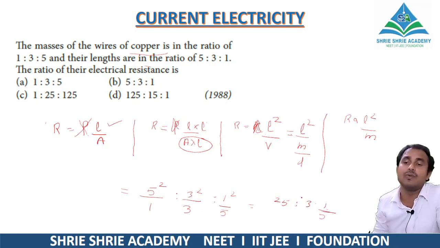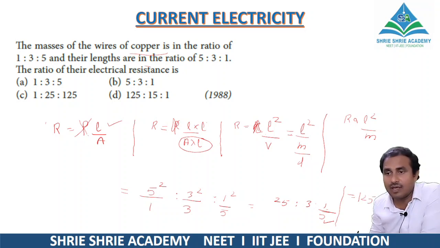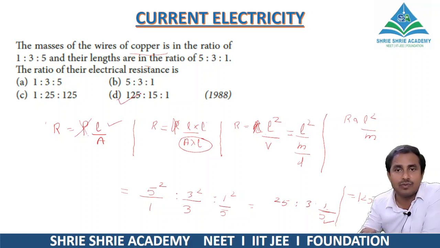But you won't get the answer in that way, so you have to take a simple ratio, a fractional ratio is not required. In the denominator 5 is there, so you multiply each term by 5 to get a simple ratio. 25 into 5 gives 125 : 15 : 1, so the answer will be option 4, right?